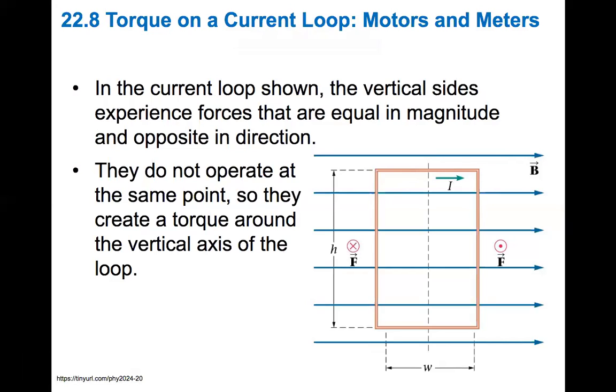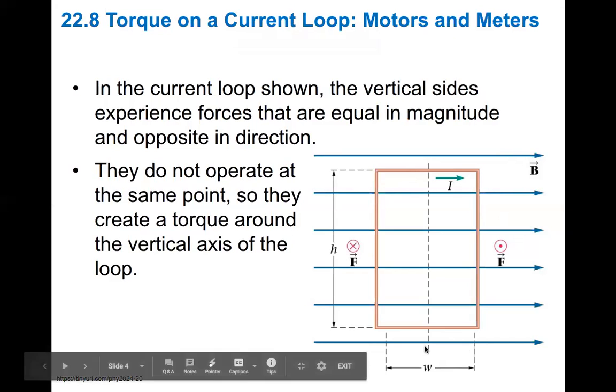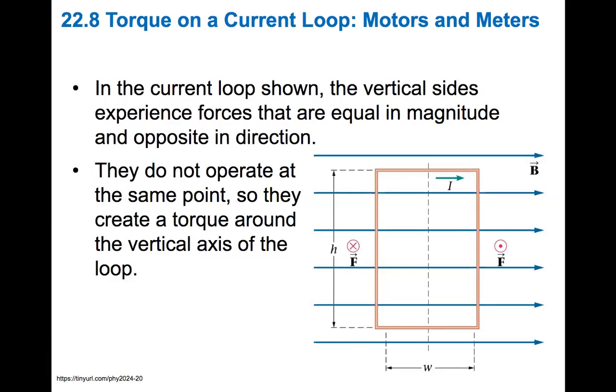Now, on the bottom wire, B is in this direction, to the right. The current on the bottom wire goes towards the left. So I and B make an angle of 180 degrees. Either the top wire or the bottom wire will have force equal to 0, because sine 0 equals 0, so ILB doesn't matter.